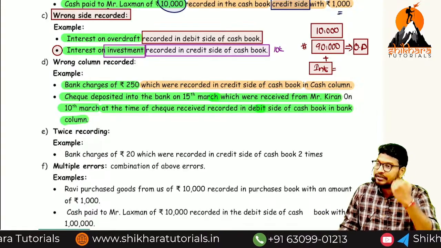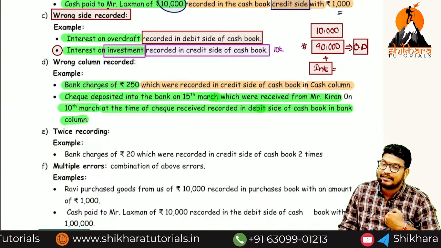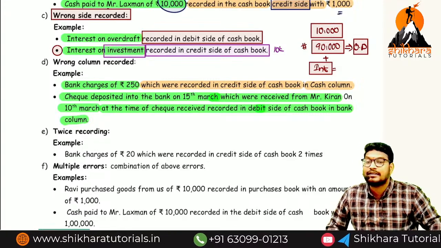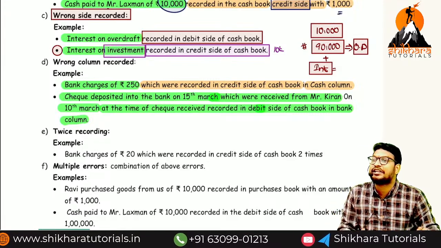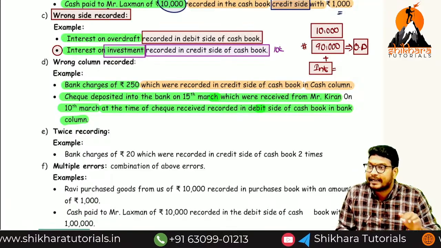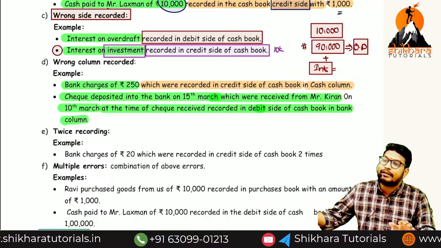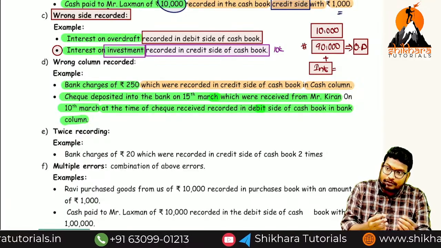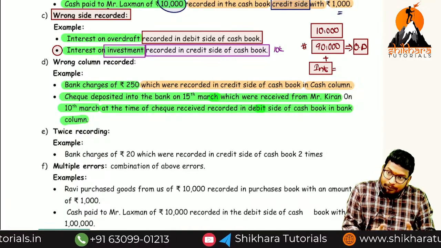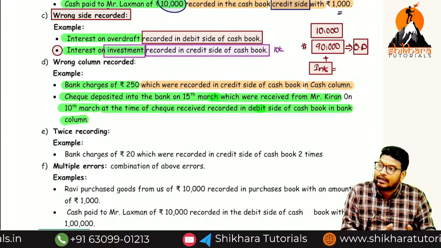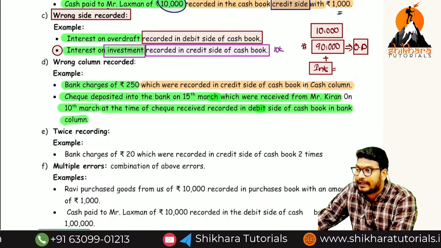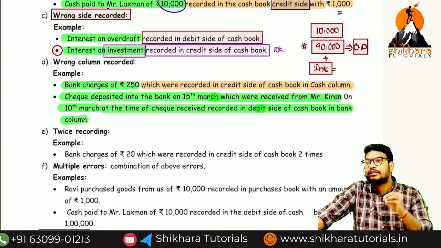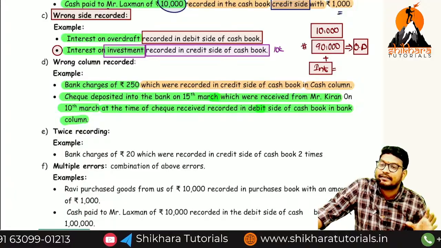Even though it is a check, we imagine that we have received cash, because we put that check in our cash box. Later we take the cash box and deposit it into our bank account. Like that you need to imagine. Guys, are you getting the point? In chronological order, we have to journalize the transactions.